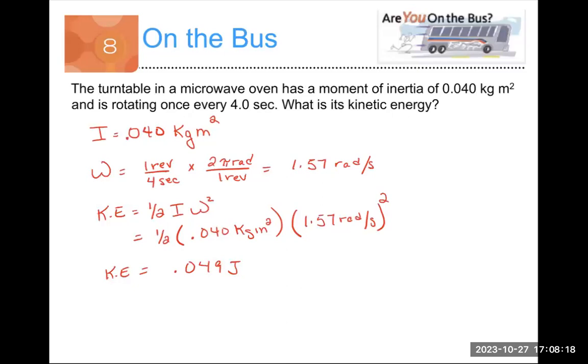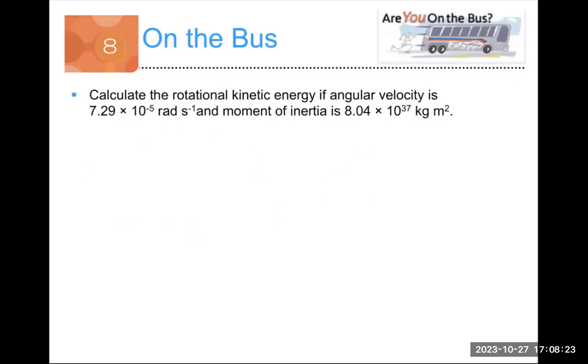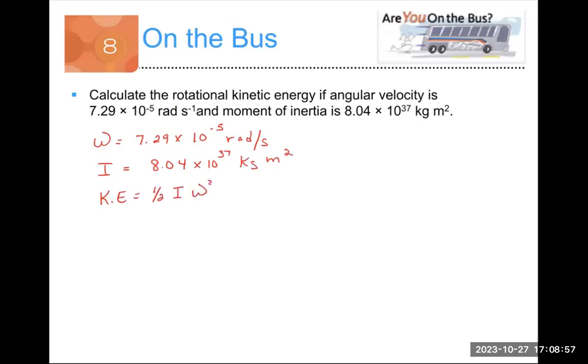Okay, let's try another problem. So in this one, you're asked to calculate rotational kinetic energy. You're told that omega equals 7.29 times 10 to the minus 5 radians per second. You're told moment of inertia is 8.04 times 10 to the 37 kilograms meter squared. So remember, our kinetic energy is 1/2 I omega squared.